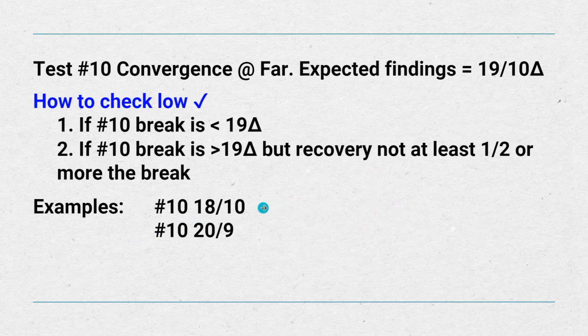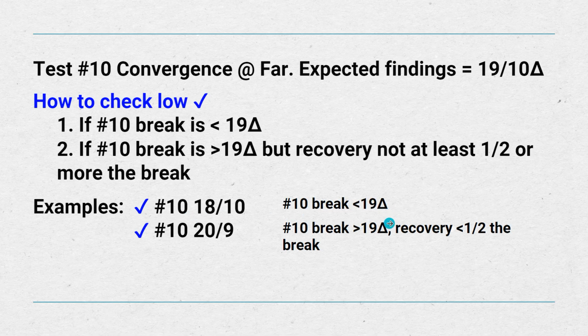Then how do we check for low in test number 10? That is if number 10 break is less than 19. And also if number 10 break is greater than 19, but recovery is not at least 1/2 or more the break. In our first example, the break is lesser than 19 prism.